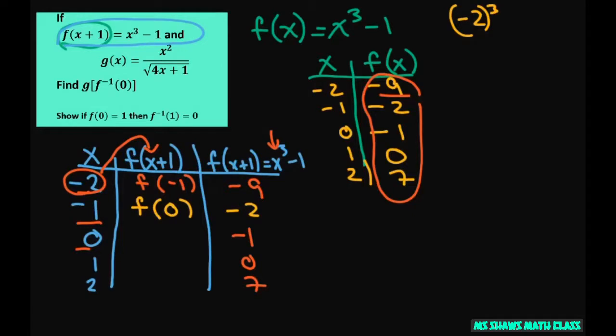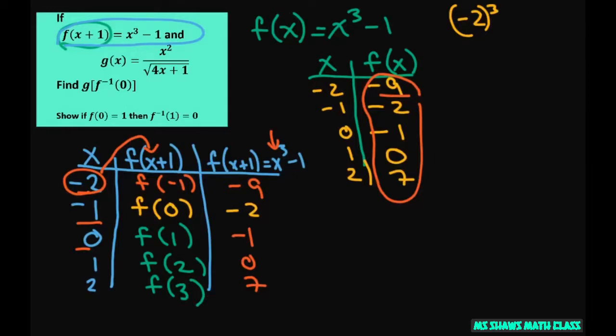Now let's just figure out this middle part. If I plug in 0, I'm going to get f of 1. If I plug in 1, I'm going to get f of 2. If I plug in 2, I'm going to get f of 3.